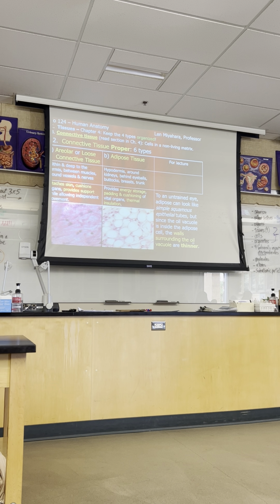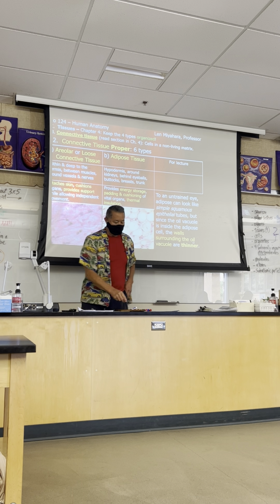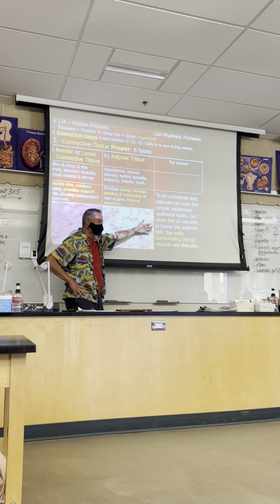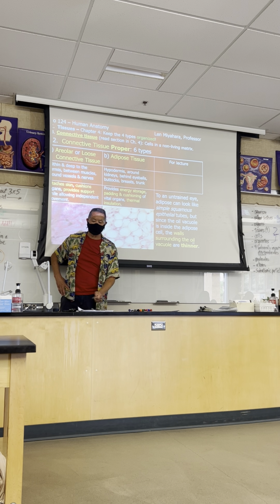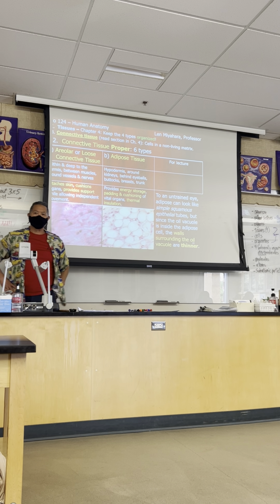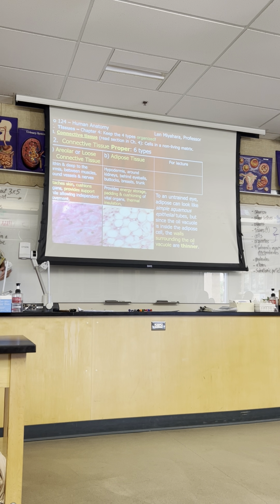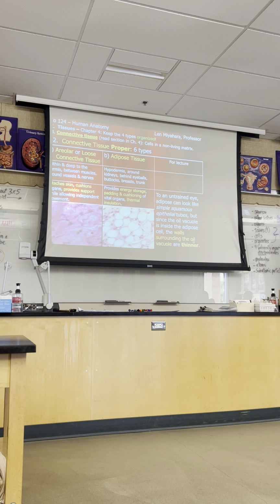Does this picture here help explain what's on the bottom right of the slide? They look the same to the untrained eye. No, one's thicker. That's the simple cuboidal epithelial tubule. I'll show you a picture of it later. But these are extremely thin-walled in appearance. The actual wall, the cell for an adipocyte, is the whole circle.